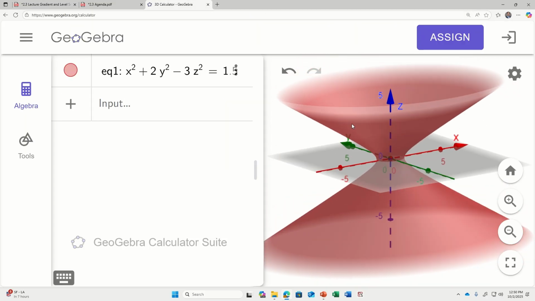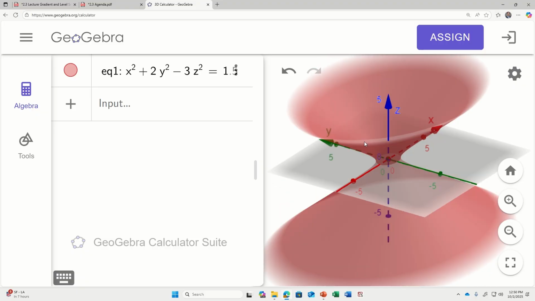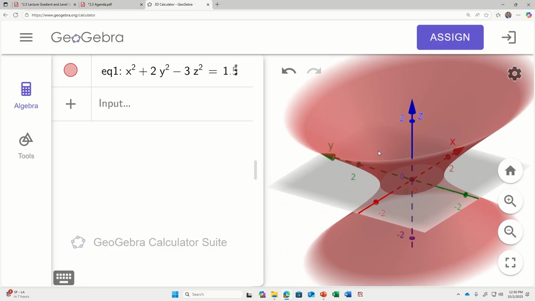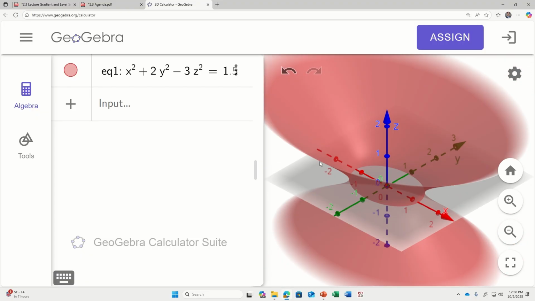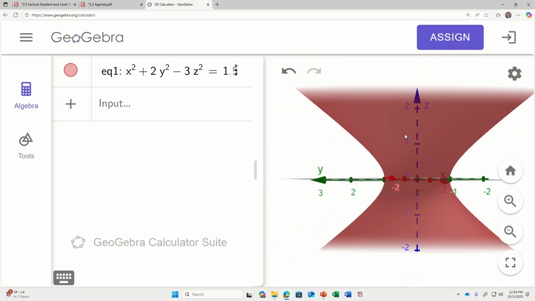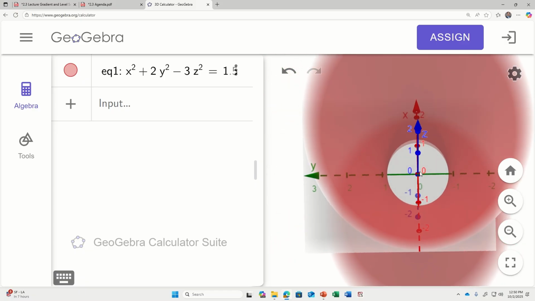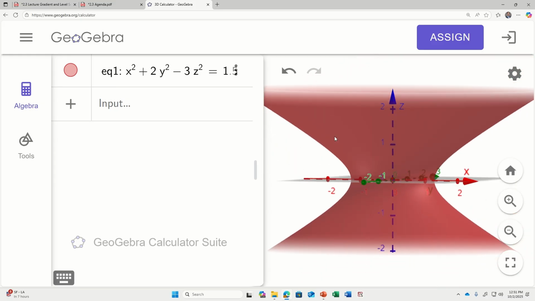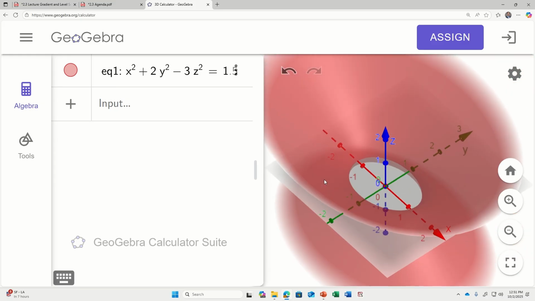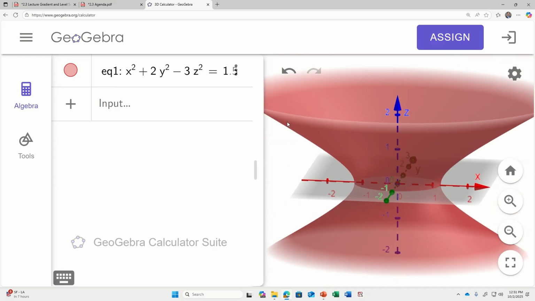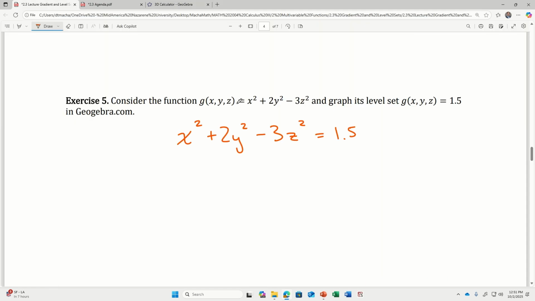So that's it. Every point on the surface is going to give me the same value of that function g. So the values of the scalar field are exactly the same on every point in the surface. Okay? Questions so far?